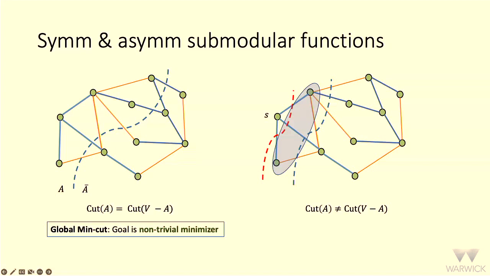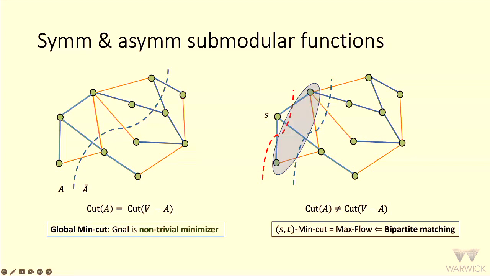So that's the blue cut. When you're looking at V minus A, again, if you include S into it, you are counting both the blue and the red. So they are not the same. This is the asymmetric version of it. And the problem that we're going to look at is bipartite matching, which sort of reduces to max flow. So it is an asymmetric submodular function on which we want to solve something.